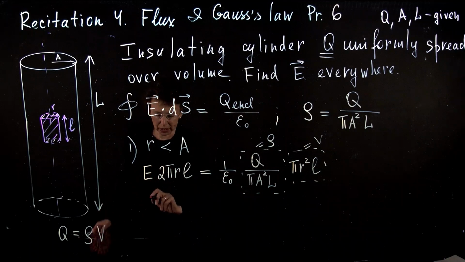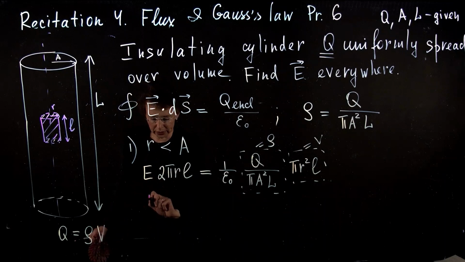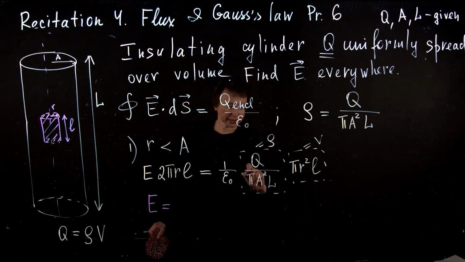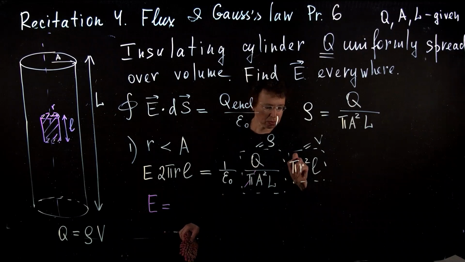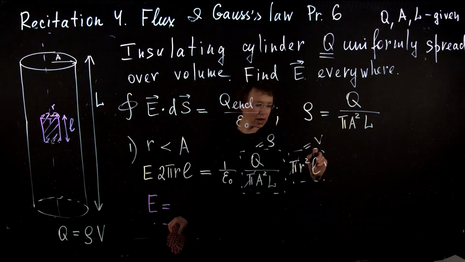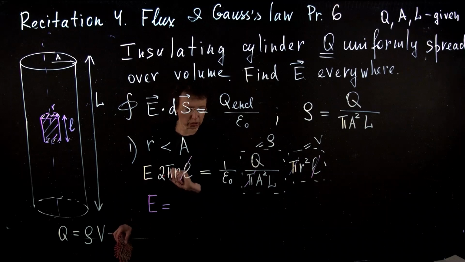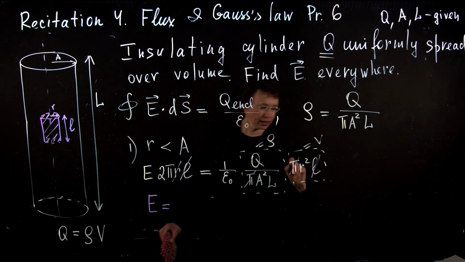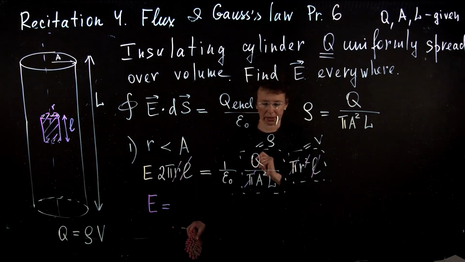Now what will be the electric field? We are ready to write it. Let's simplify: pi and pi cancel out, then the arbitrary L is gone, as it should be, and then r here and r squared here.